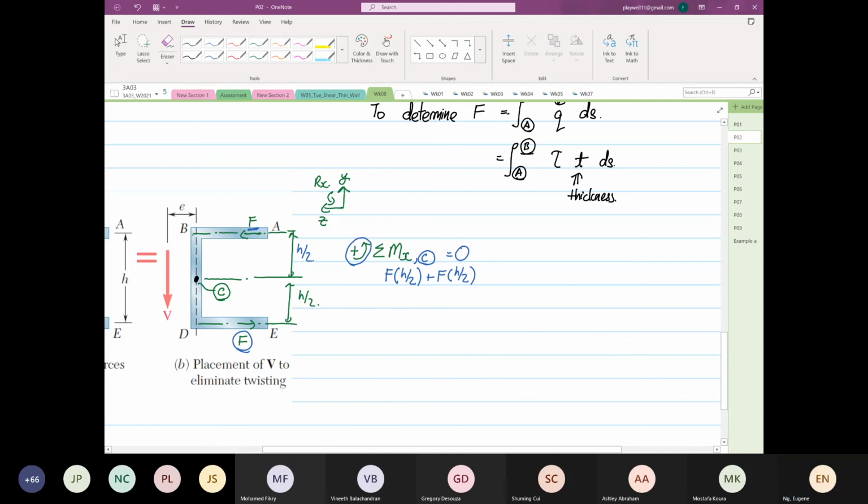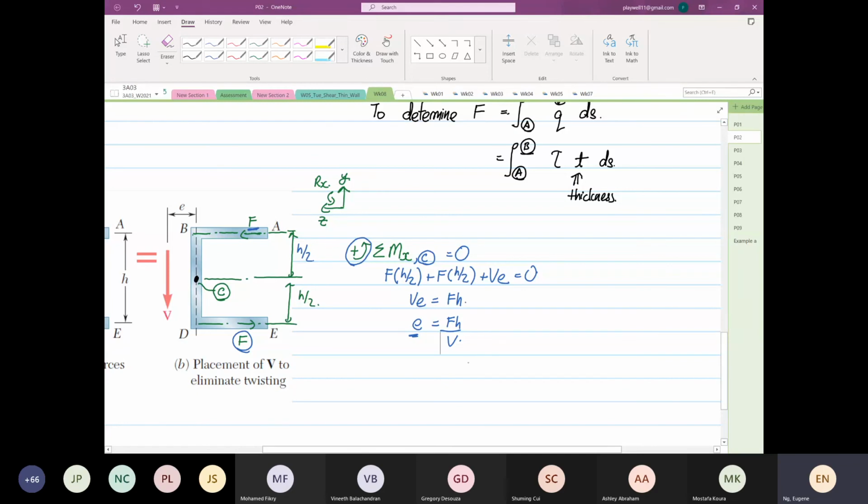Now we have the V, same direction, V multiplied by E, and the whole thing is equal to 0. So V multiplied by E is equal to FH. So the shear center is equal to FH over V. Now we know the distance of the shear center.